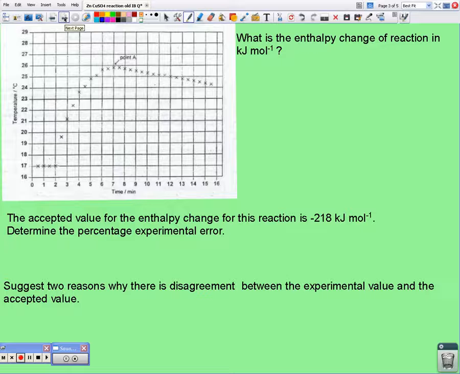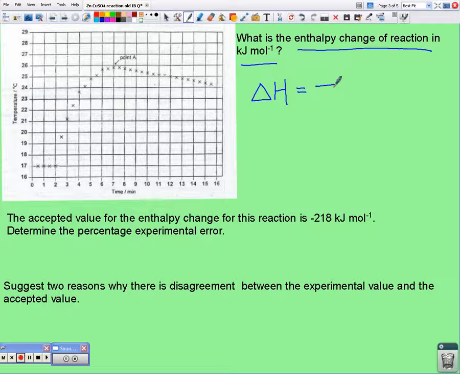But now they want the enthalpy change of reaction in kilojoules per mole. So if we take delta H being equal to, the temperature's increased, of course, which is evident from the graph, so we know it's an exothermic reaction.